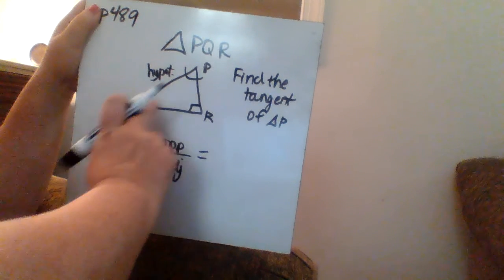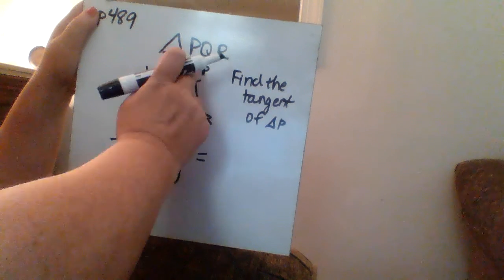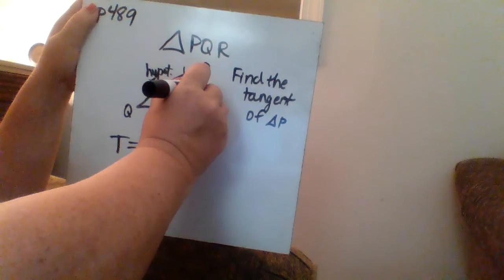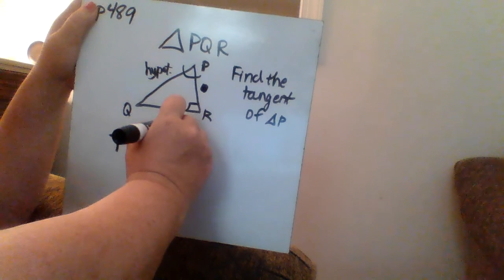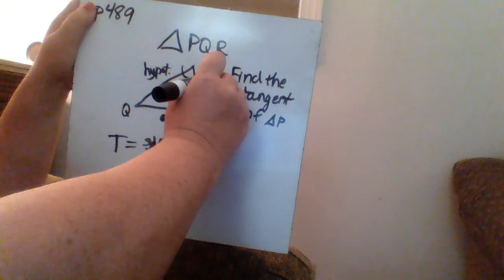So our side opposite of P would be right here, and our side adjacent would be right here.